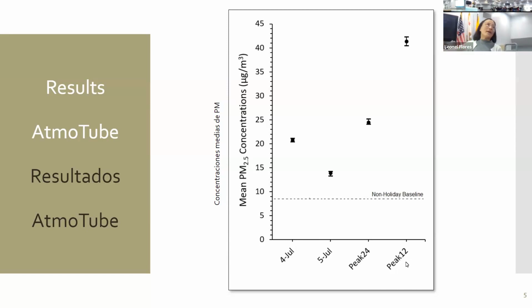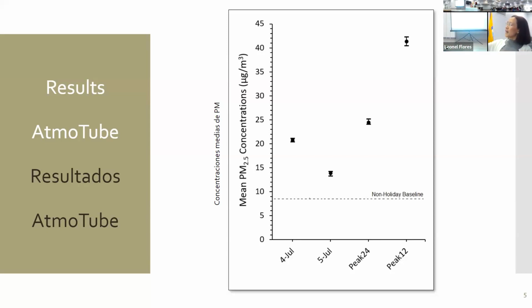The third one is the peak 24-hour concentration, and the right one is the peak 12-hour concentration. For July the 4th, the fine particulate matter concentration is definitely over 20 micrograms per cubic meter, and July the 5th is a little bit less than 15.